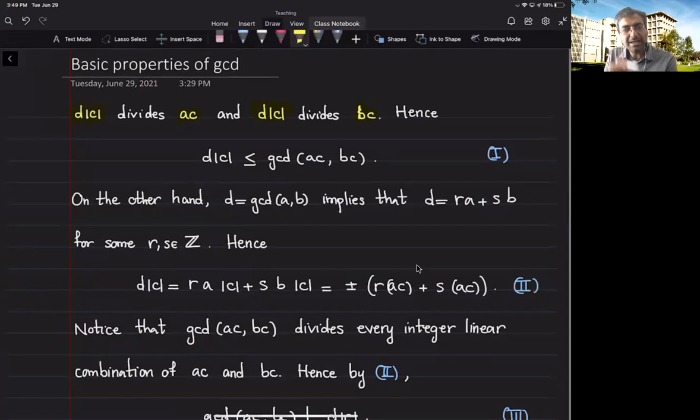Because this is a common divisor of AC and BC, it cannot be more than the greatest common divisor of AC and BC. Therefore, D times absolute value of C is at most GCD of AC and BC.